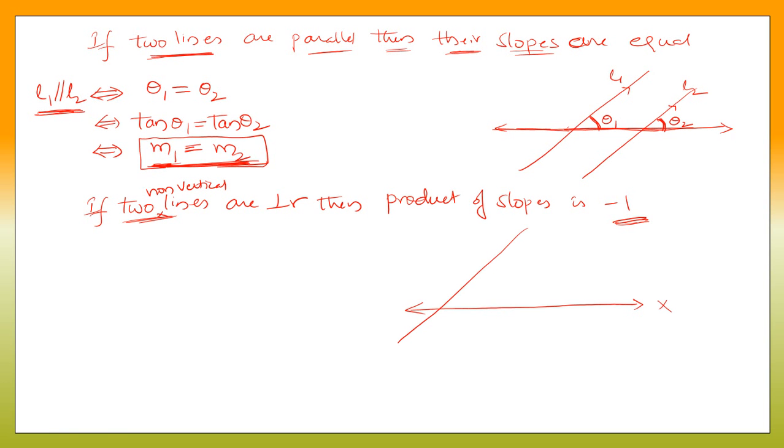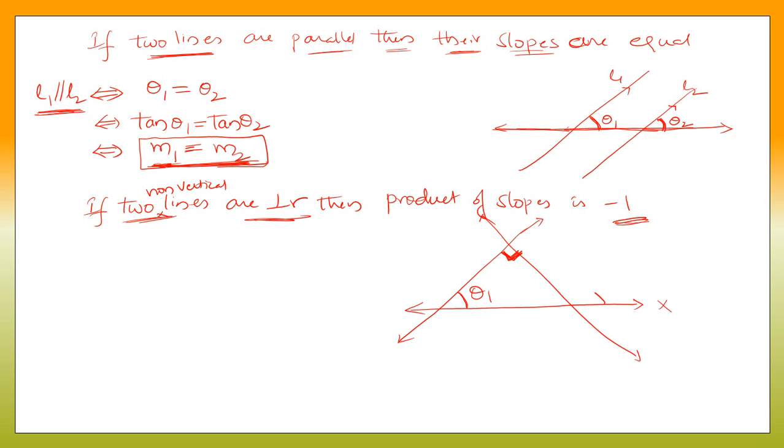This is one line, and let this inclination be theta 1. Suppose this is my other line, perpendicular to this line, because I said two non-vertical lines. For non-vertical lines, their slopes are defined. So this is theta 1, and since they are perpendicular, this is theta 2.